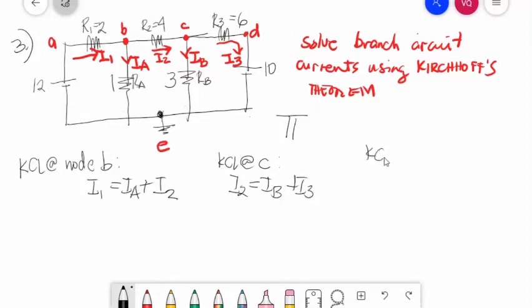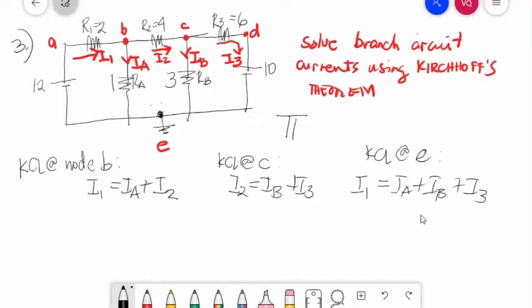Last one is KCL at E. You have 4 branches: IA, IB, I3, and I1. I1 is leaving, so I1 is equal to the entering currents IA, IB, and I3: IA plus IB plus I3.